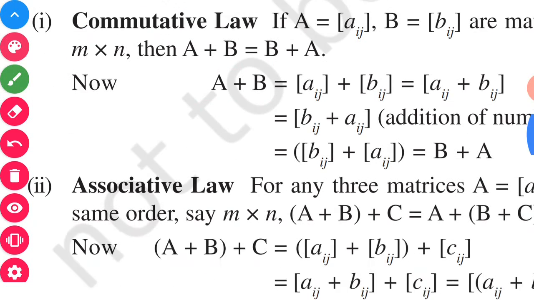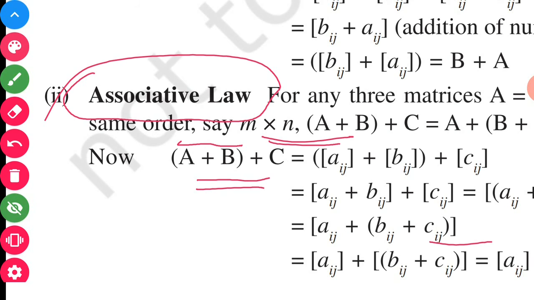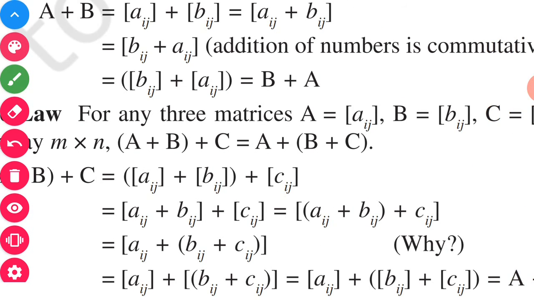The next property is the associative law. Associative law means shifting of brackets. Shifting of brackets means first you find the value of A plus B, then you add it with C, or you can first find B plus C, then you add it with A. You will get the same result.